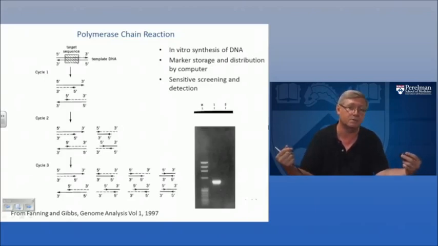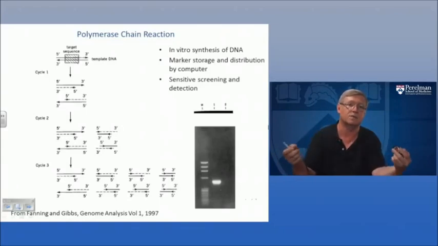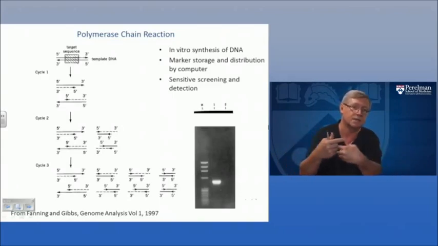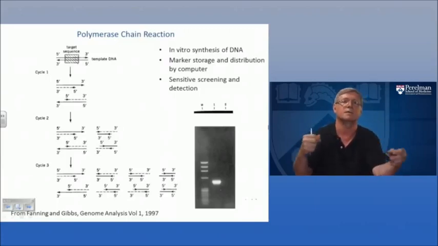Both oligonucleotides would extend and complete the first strand. Then you would denature, re-anneal the oligonucleotides, do it again, and so you'd get an exponential synthesis in the target DNA molecule that was in between the oligonucleotides.